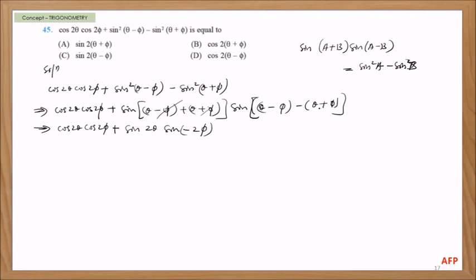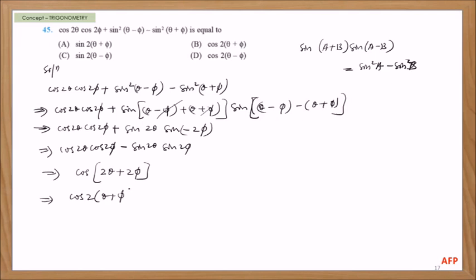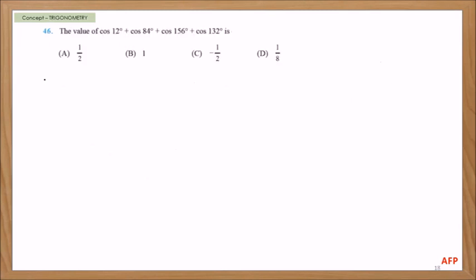If you simplify the minus and multiplied, cancellation everything. Now cos 2 theta cos 2 psi minus sin 2 theta, so the minus sign will come outside and it will be multiplied with the plus sign. So it is nothing but the formula for cos A plus B, cos 2 theta cos 2 psi. So this implies cos 2 times (theta plus psi). So that is the answer we are having. B option.